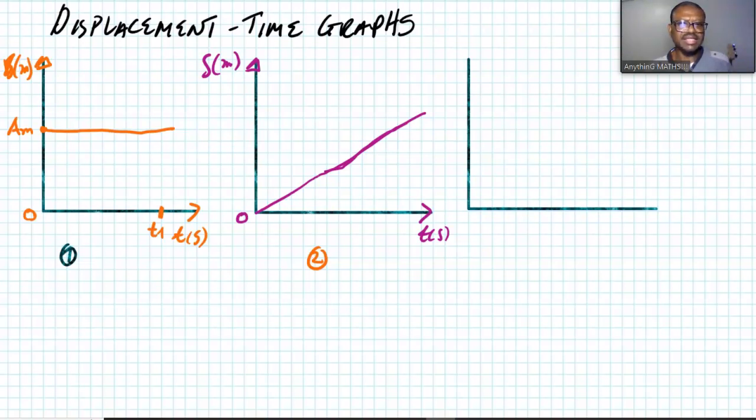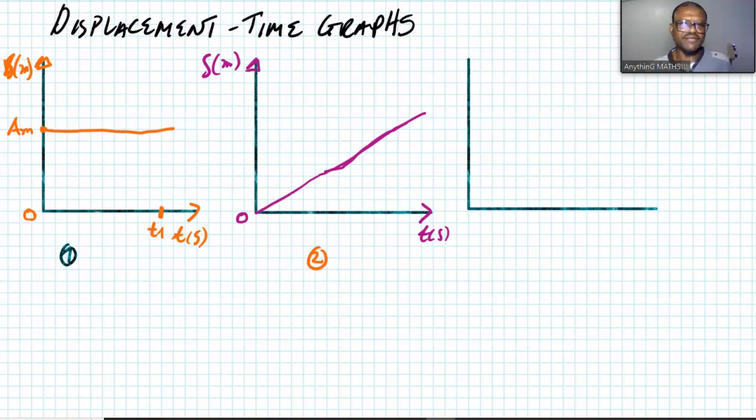And when you look at it carefully, you begin to see that the gradient over here would represent velocity. But because it's increasing at a constant rate of change of displacement, it means it's going to be a constant velocity.